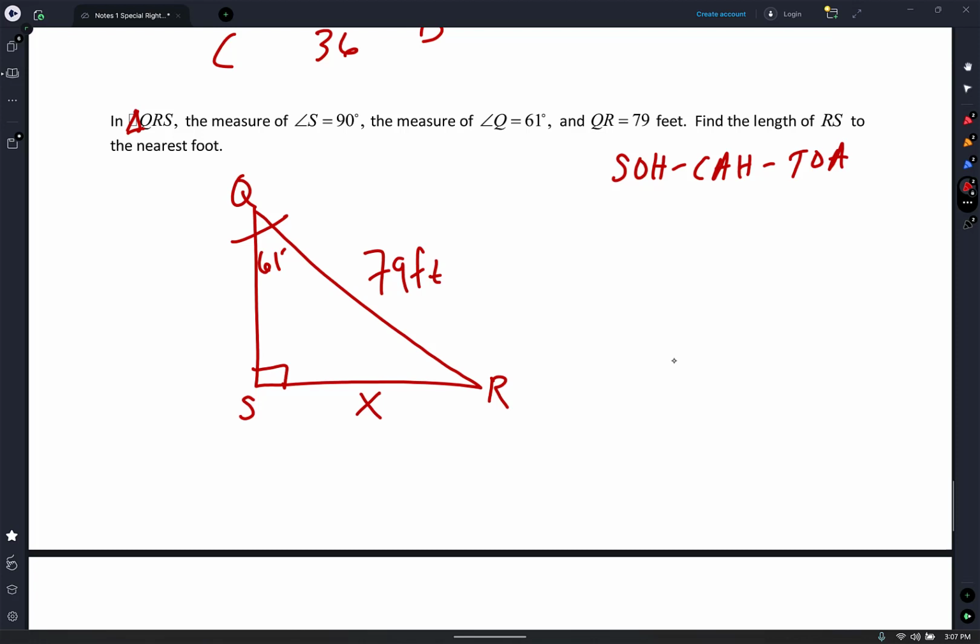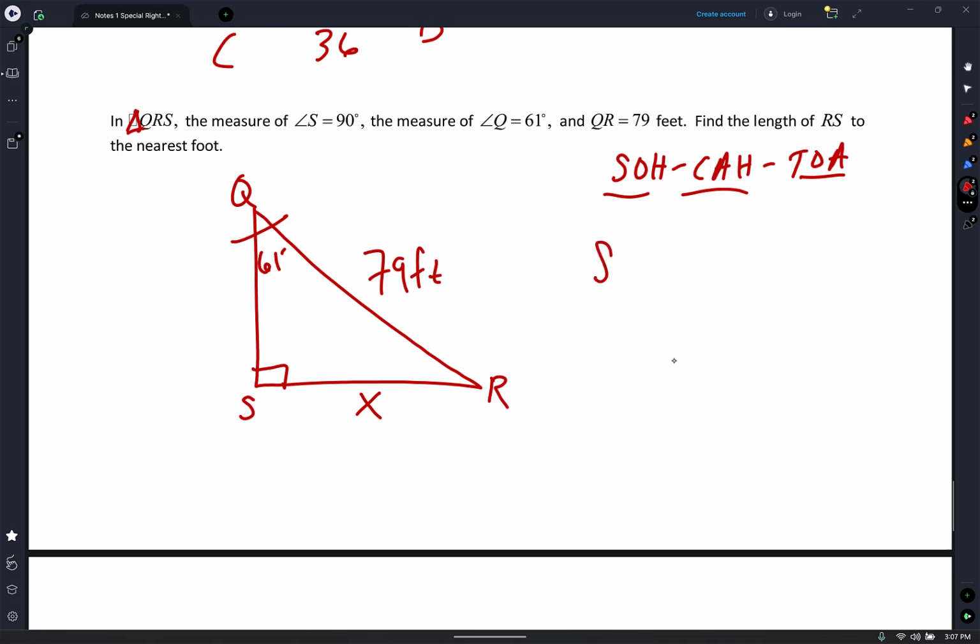Okay, here we go. Here's what you tell yourself, guys. You look at the 61 degrees, and you say this. With respect to the 61 degrees, is that x opposite, adjacent, or hypotenuse? Opposite. What about the 79? Hypotenuse. Which one of these three, sine, cosine, or tangent, uses opposite and hypotenuse? The S, the sine.